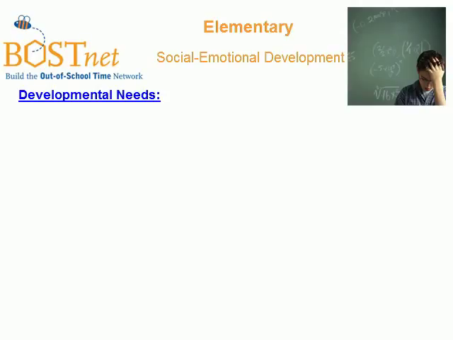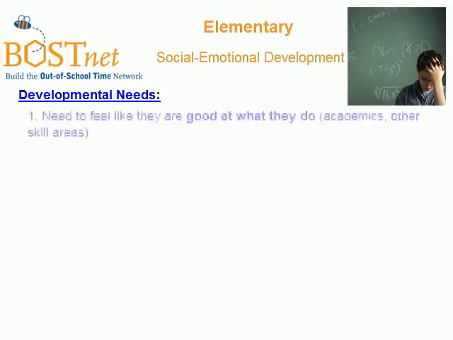So consequently, kids in this age range really need to feel very good at accomplishing things. They need to feel like they're good at doing things. The sort of classic education environment, like a school environment, tends to put a great deal of emphasis on accomplishment in academics. And one of the benefits of informal education environments, like after-school programs for kids of this age, is that you can raise up other skill areas and emphasize the value of those other skill areas.